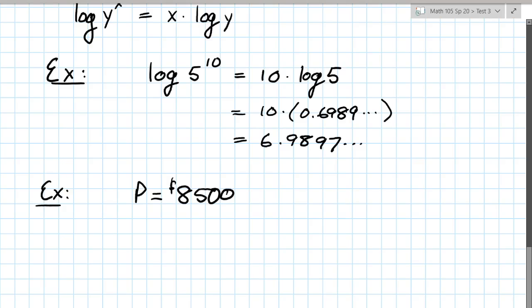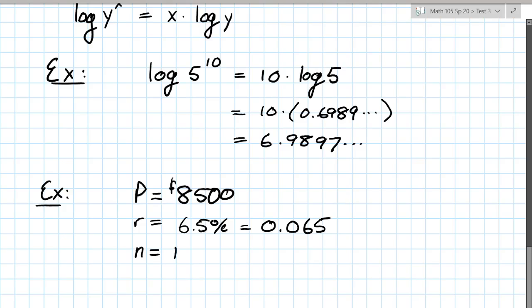It says that it is compounding at a rate of 6.5% annually, or 0.065 as a decimal. Also, it says n is 1.